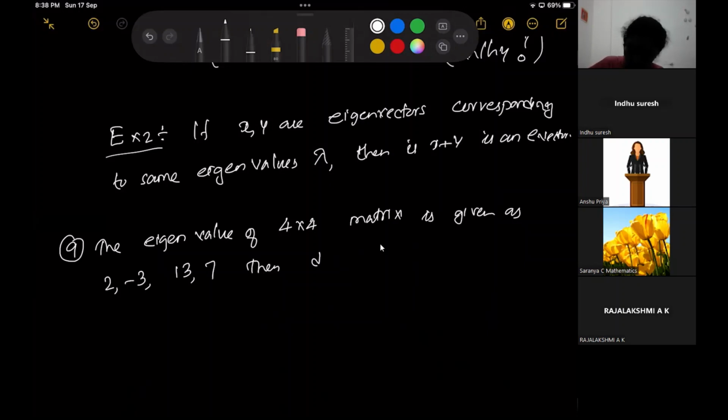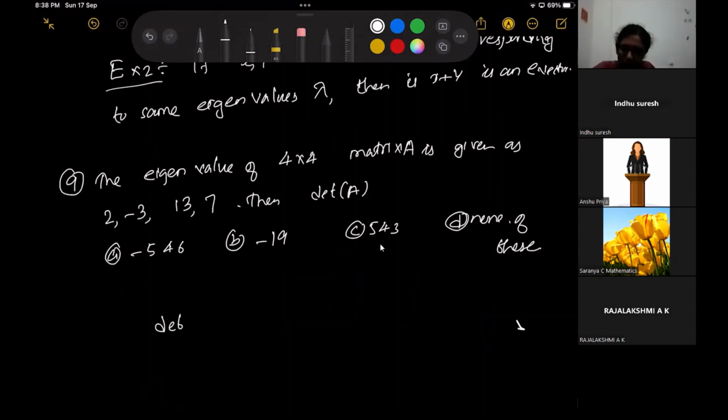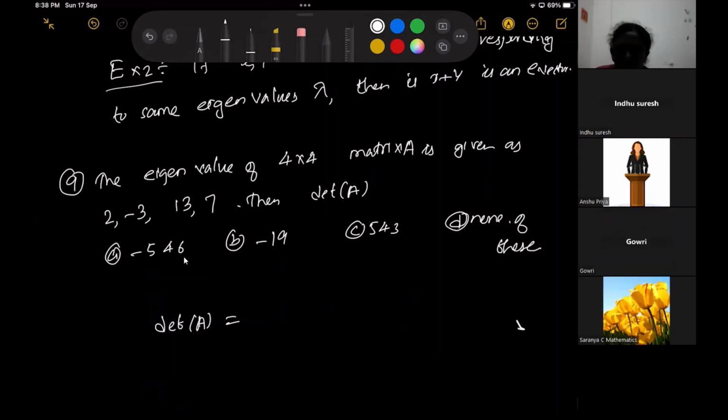So this is a very simple question. The eigenvalues are given, and the question is to find the determinant of the matrix A. We have the result: determinant of A is the product of eigenvalues.